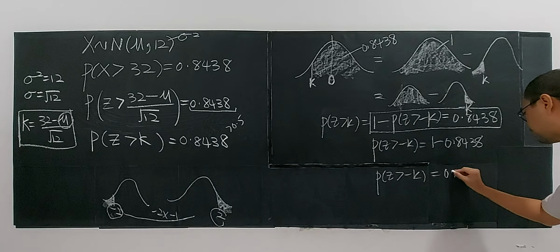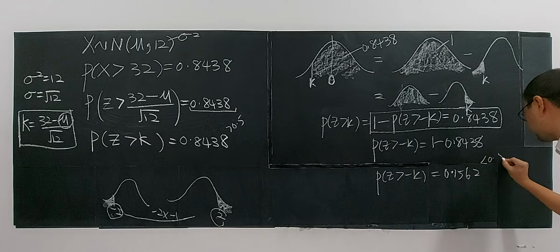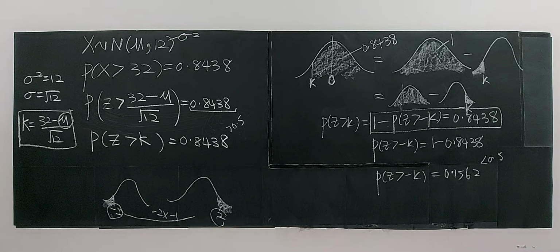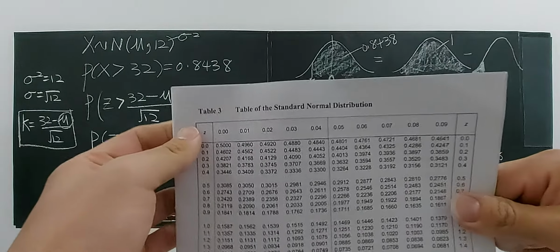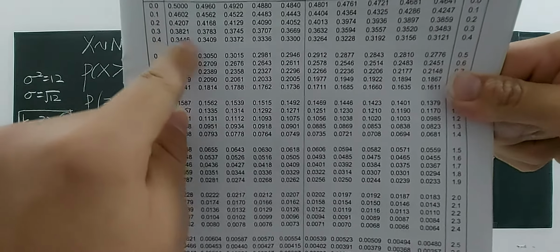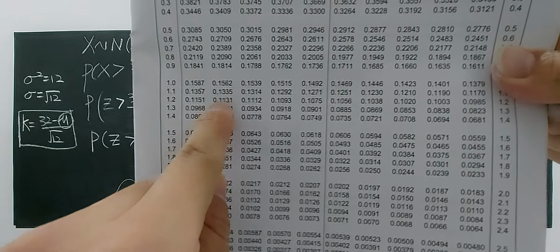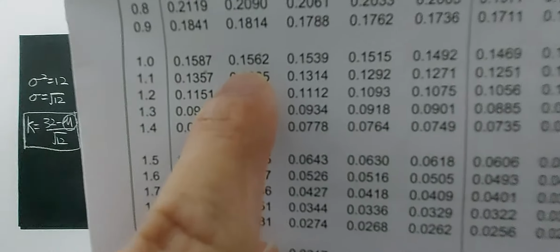Now it becomes a number less than 0.5, so you can find this value from the statistical table, Table 3. From all the probabilities here, 0.1562, can you see that?